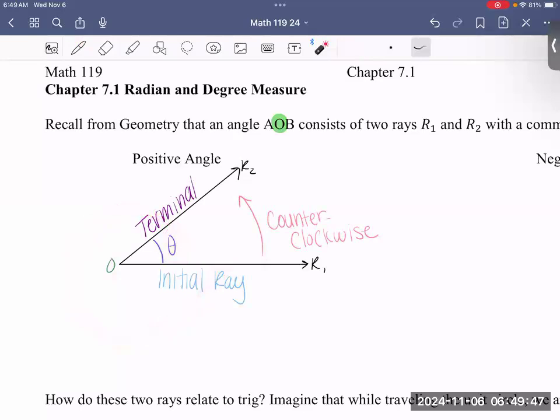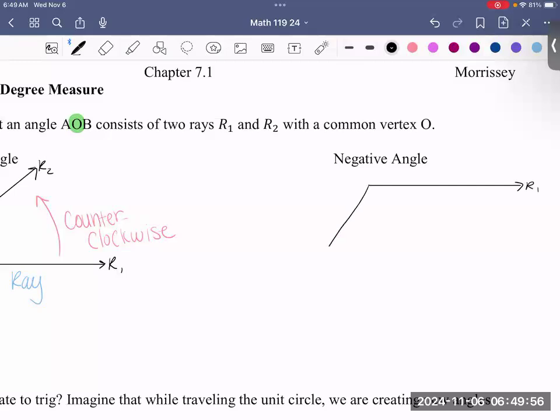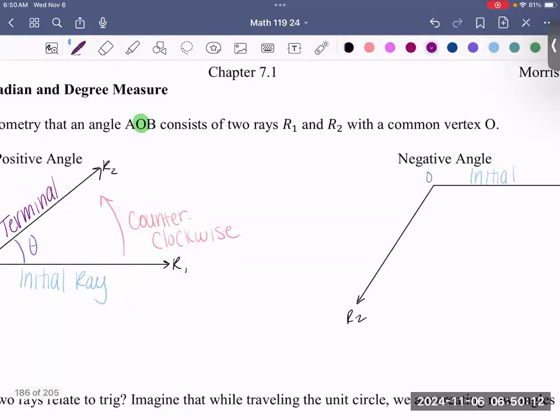Now we can also have a negative angle. For your negative angle, let's again take these two rays. Your initial, this is ray 1, and this right here is ray 2. We can say this is O here, and again, this is where you're starting. Your initial is ray 1 and your terminal is ray 2, and you have theta between them.